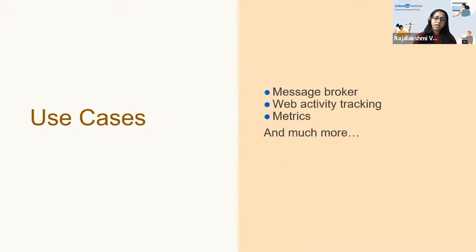Now let's look at some use cases of Kafka. Kafka is used as a message broker, to decouple producers and consumers. It's used for web activity tracking. User-generated events such as page view events or page click events are streamed to Kafka topics and then processed by downstream applications. It is used as a metrics aggregation platform too.